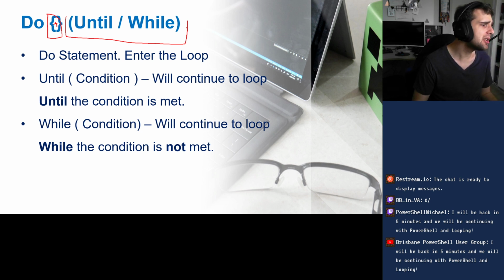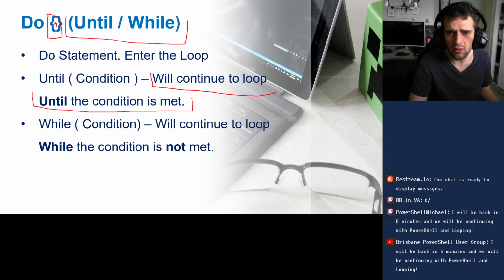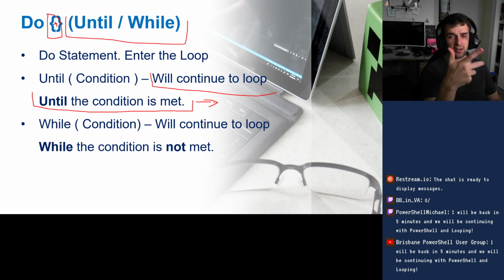Now, an until condition will continue to loop until the condition is met, which sounds exactly like what it says. It always muddles me up because of the way you have to articulate the process.